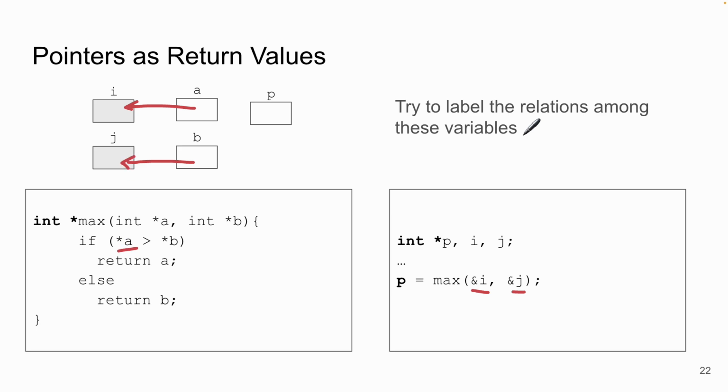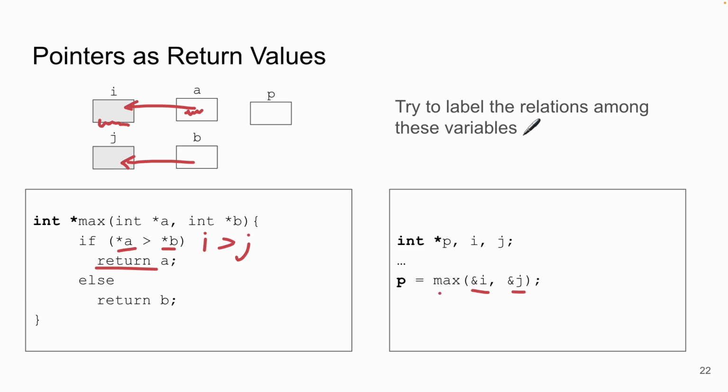And what this line is basically trying to do is test whether i is larger than j. And if it is true, return a. So what's stored inside a is the address of i, right? So this is the address here, and we just return it.